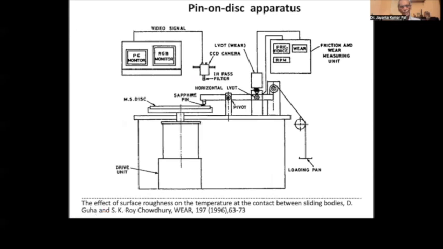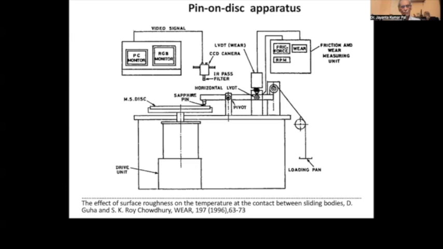And other things are, as usual, we have an infrared camera here with the IR pass filter, and the LVDT and load cell are, as we described before, and they are measured in different monitoring machines. So this is the one we used in our experiment in 1996, the paper mentioned below.